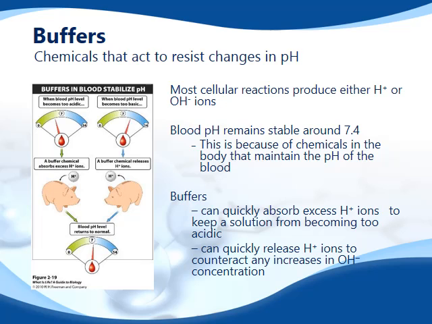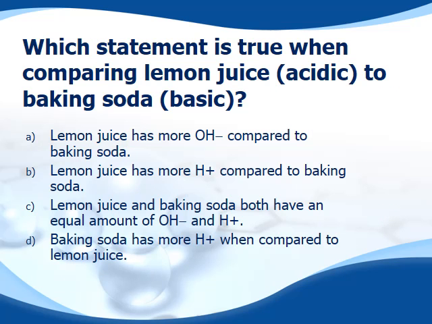Bases are shown on the pH scale to be from 8 to 14. 7 is neutral, which is about where water is. Let's look at the chart here. Acids are fluids that have a greater proportion of hydrogen-positive ions to OH-negative ions.